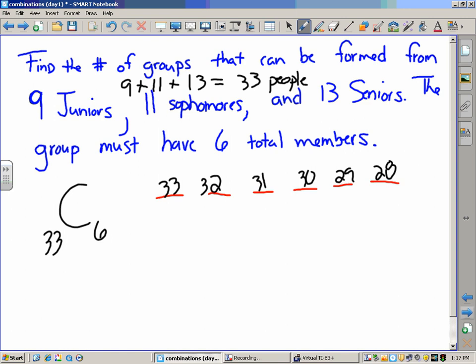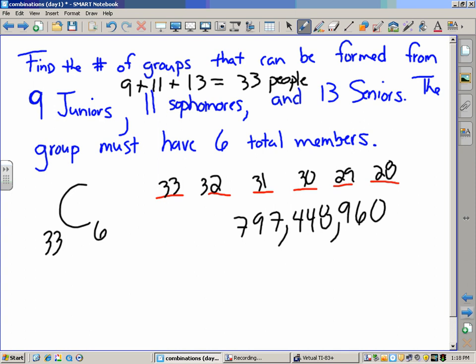All right, when you multiply these together right here, what do we come up with? Oh, I know what I did. Okay, now I got 797,448,960. All right, so we got 797 million.